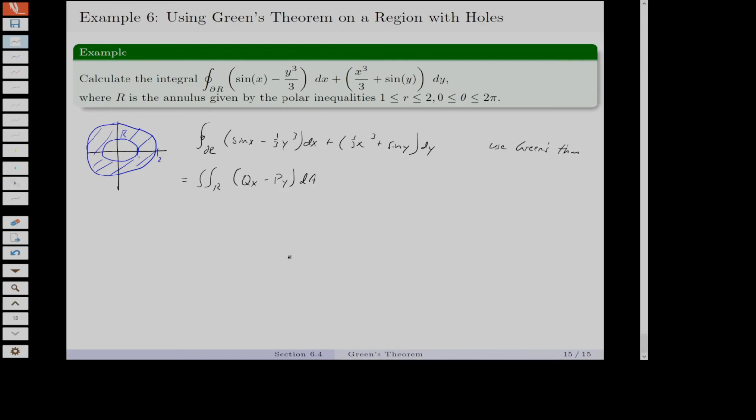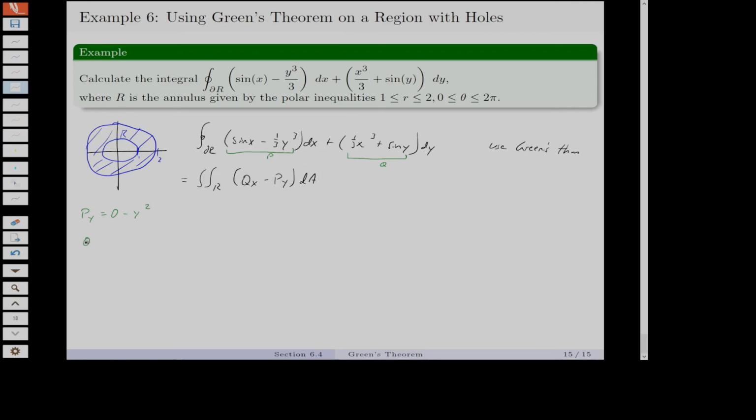Where this piece is p and this piece over here is q. So for p_y, if I differentiate sine x minus 1/3 y cubed with respect to y, the derivative of sine x with respect to y is 0. When I differentiate negative 1/3 y cubed, I get negative 1/3 times 3y squared, or negative y squared.